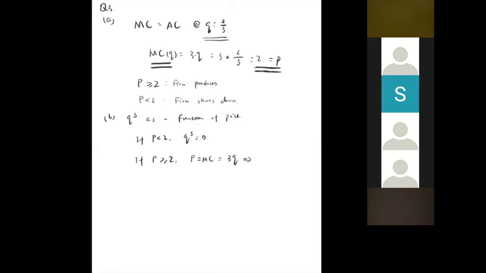So that means Q of S of each firm equals 1/3 of P, since it's already making the production decision.